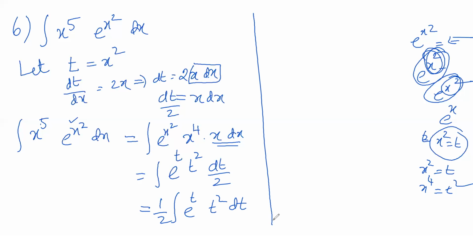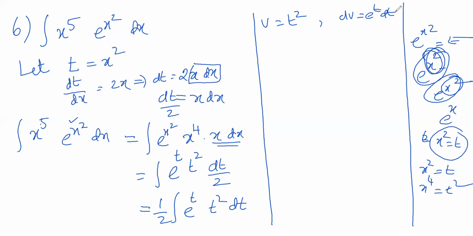Now we can integrate using either Bernoulli's formula or integration by parts. Here, e power t comes under exponential and t squared comes under algebraic, right? So we choose u equal to t squared and dv equal to e power t dt.